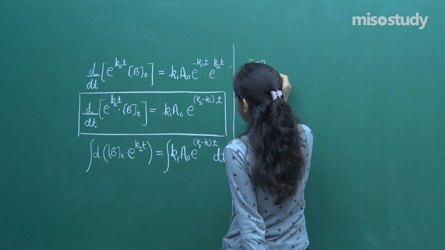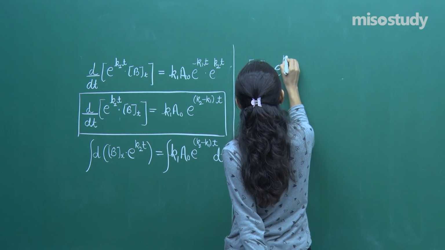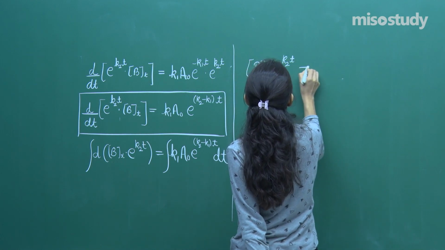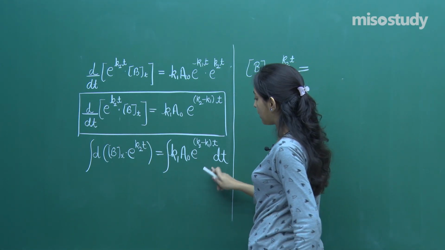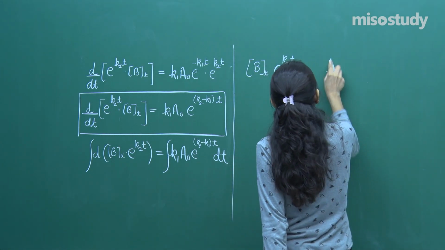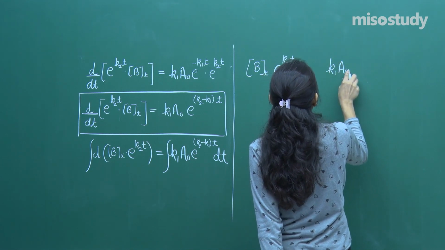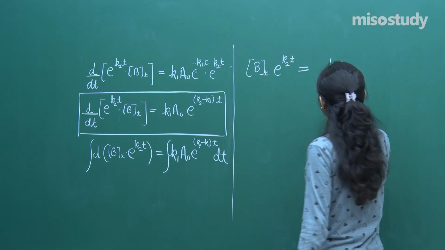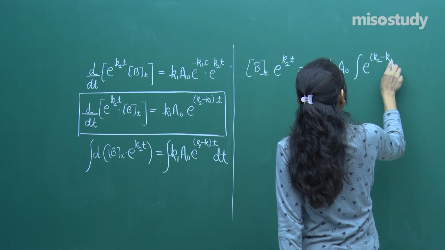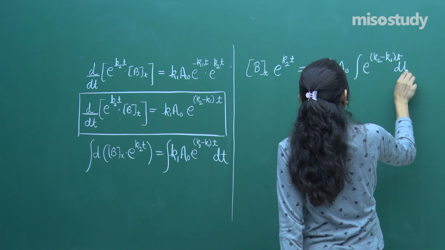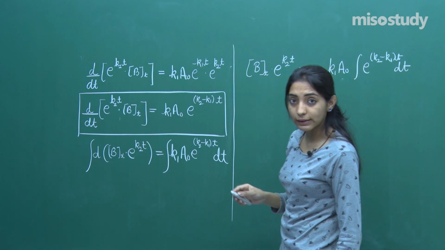concentration of B at time t multiplied by e raised to the power k2t, and this will be equal to, now you need to figure out the integral of this term. So k1 a naught will come out, and you need to do the integral of e raised to the power k2 minus k1 times t of dt. Okay.